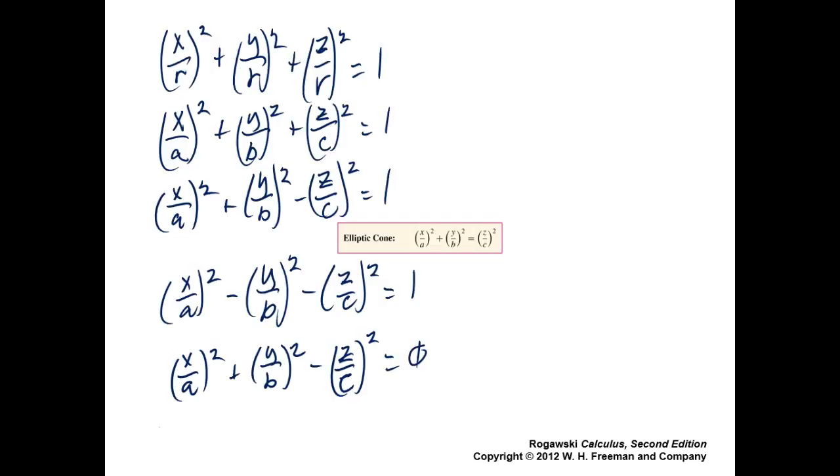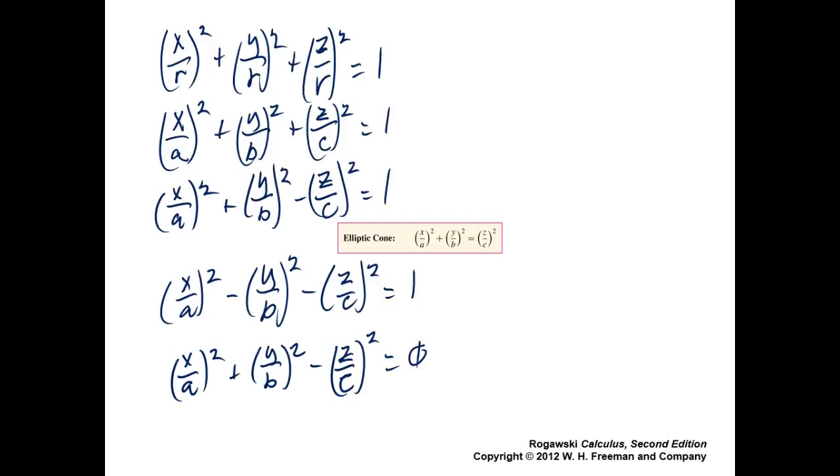Now that's not how they usually write it, but just to keep the pattern, that's what it's going to be. Now guess where the axis is going to be? Z, of course. But what is it when it's equal to 0? Now, let's go back and notice this. Here, the origin can't possibly be on it.